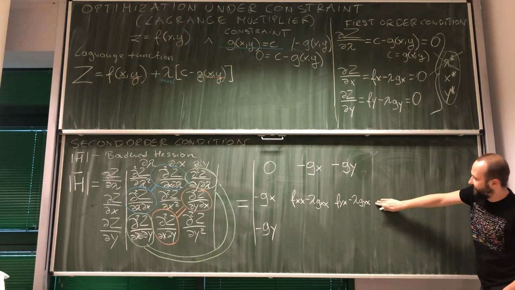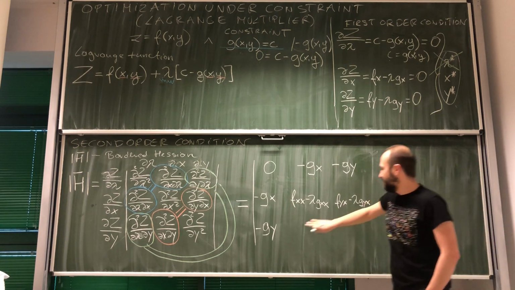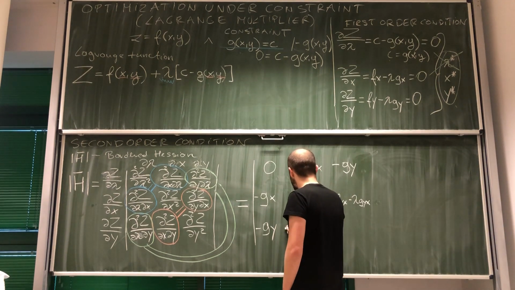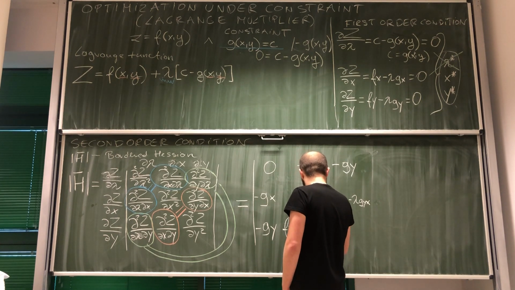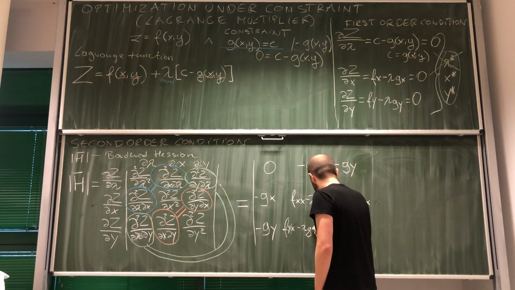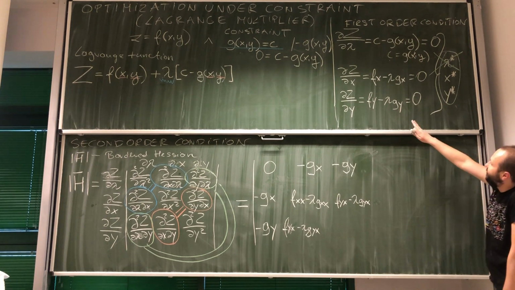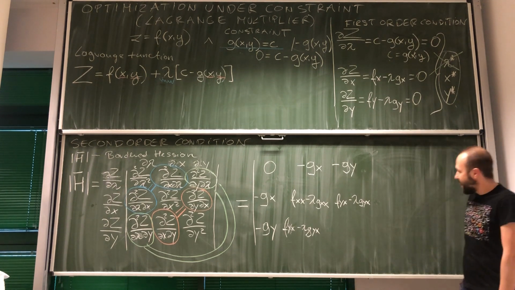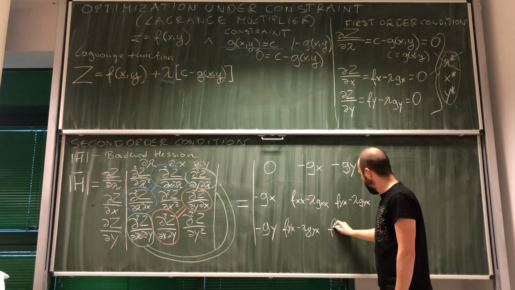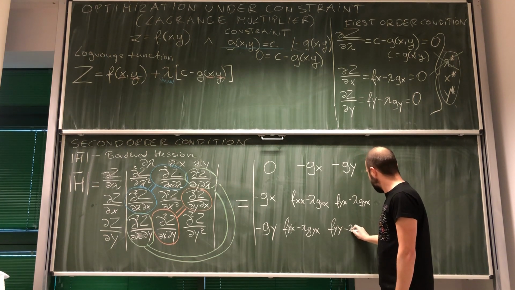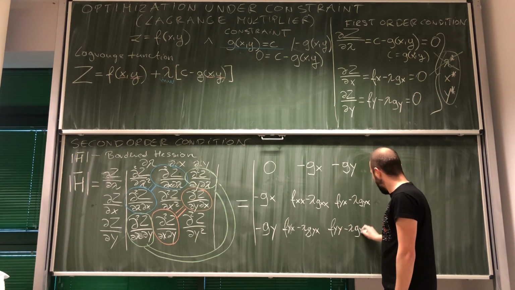But if I have this over here, I need to have the same thing over here. So I have fyx minus lambda gyx. And finally, I differentiate this with respect to y, so I'm getting fyy minus lambda gyy.